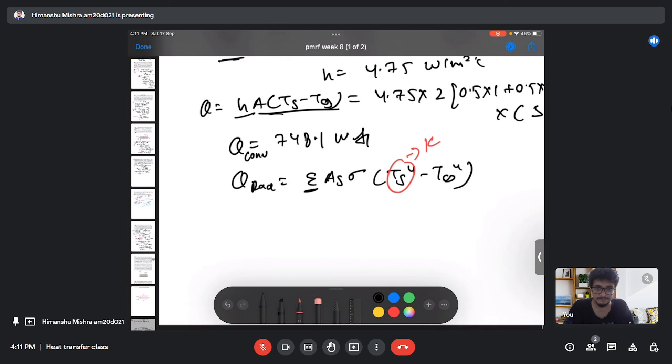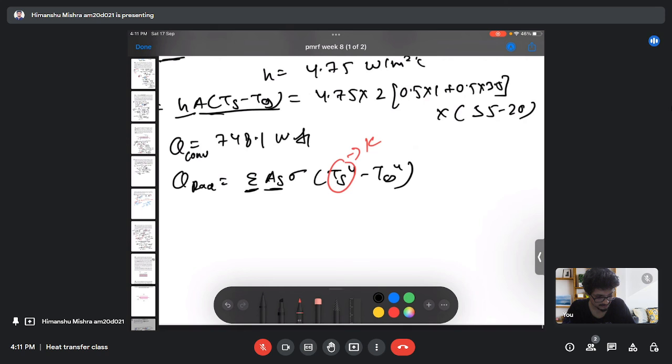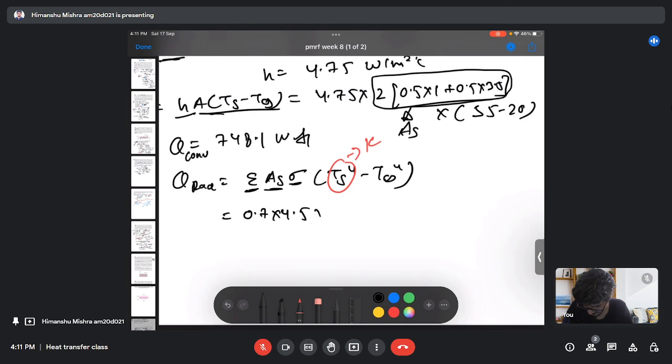We have the emissivity and the area here, and this is the Stefan Boltzmann constant, 5.67 times 10 to the power minus 8.